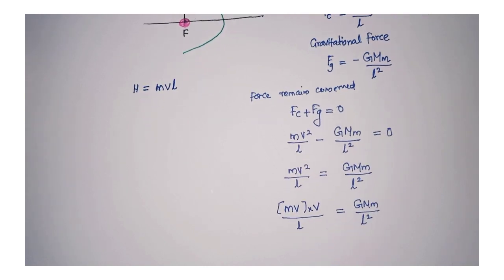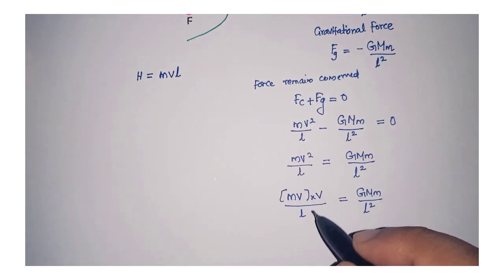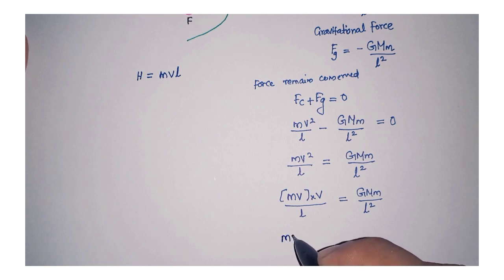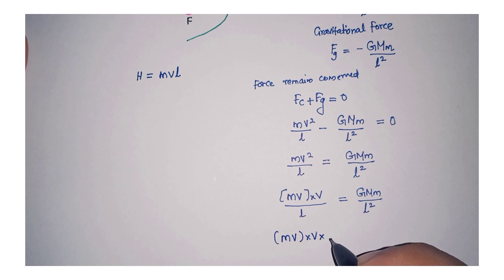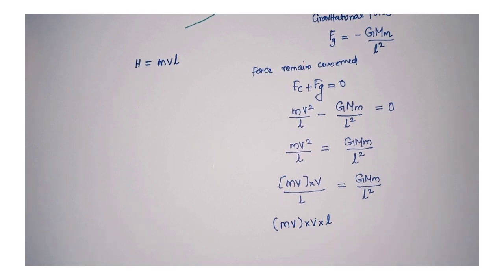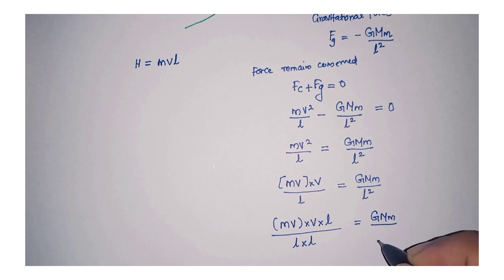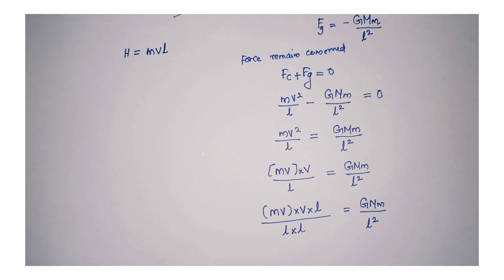And if you see this equation here, L is not there. So we make some adjustment in this equation to yield an equation like this. I will multiply by L, and since I am multiplying, I will also divide by L. So L into L, and that should give me again GMm divided by L square, because we are only touching the left hand side.